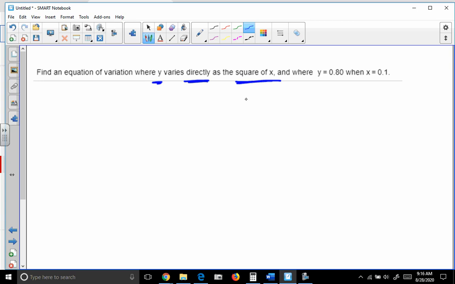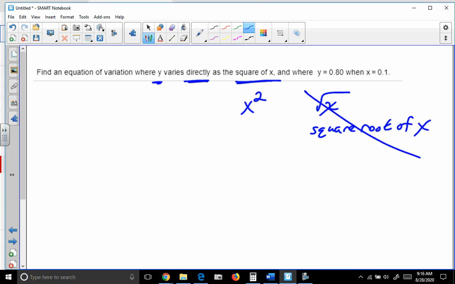So first comment, the square of x means x squared. This means the square root of x, not the square of x, so that's not what we're talking about. We're talking about this. So varies directly: constant times what it's varying directly with, and that's the square of x.